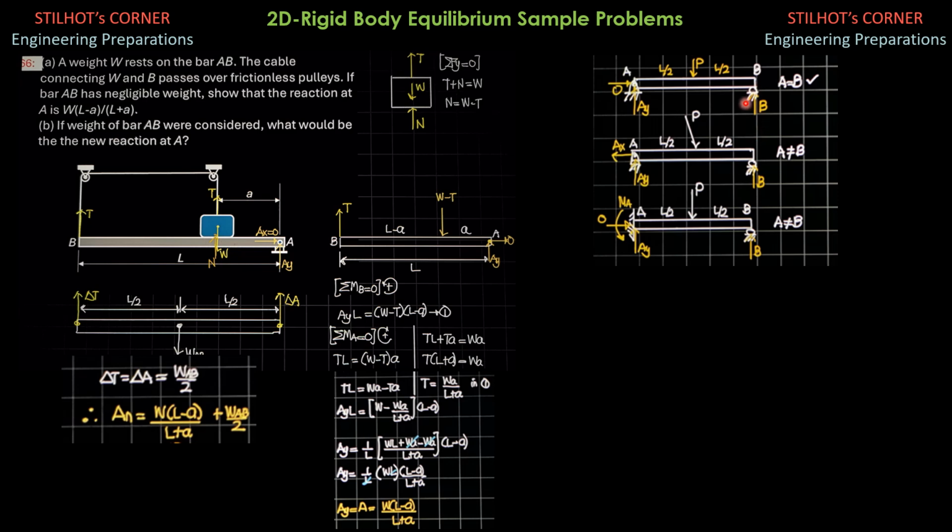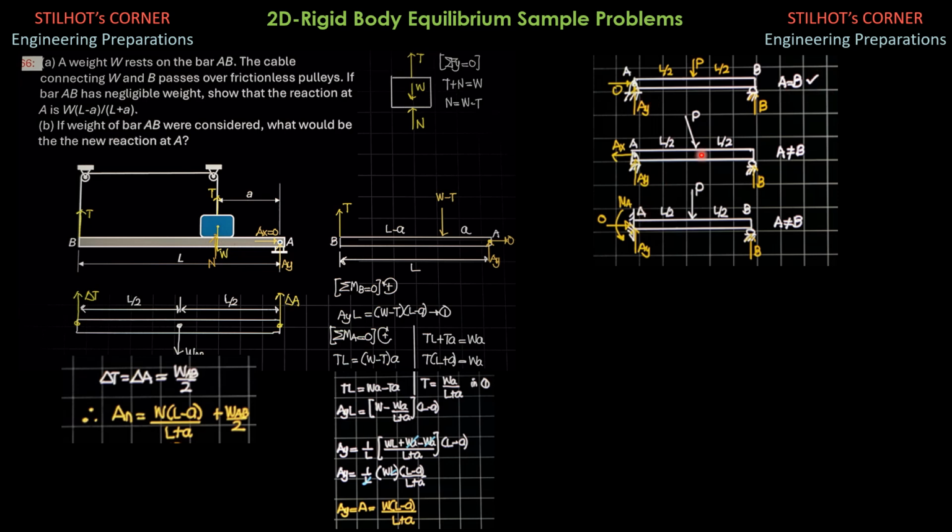The reaction at the roller support is perpendicular to the horizontal surface, so it's upward B. The reaction at A supposedly has two components, horizontal and vertical. But obviously, the horizontal component is 0 because there's no inclined load here. Therefore, RA, or reaction at A, is simply AY. So that's why we say that A equals B. So that's why I check it.